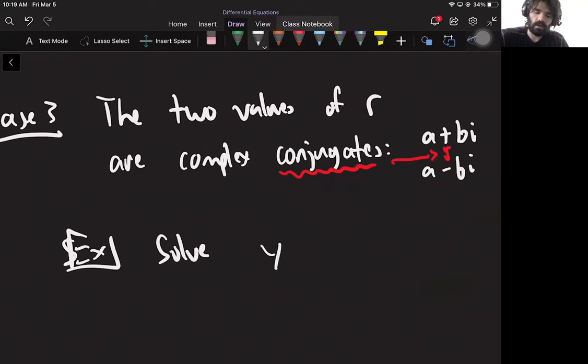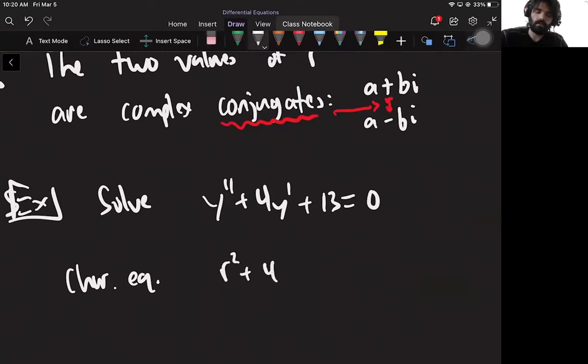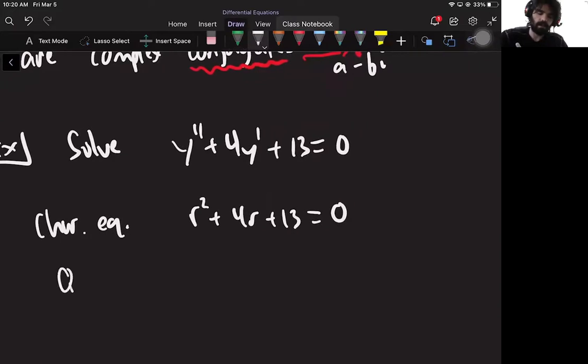Okay, so let's solve y double prime plus 4y prime plus 13 equals 0. So the characteristic equation is then r squared plus 4r plus 13 equals 0. I'm going to have to use the quadratic formula because I can't factor that easily.